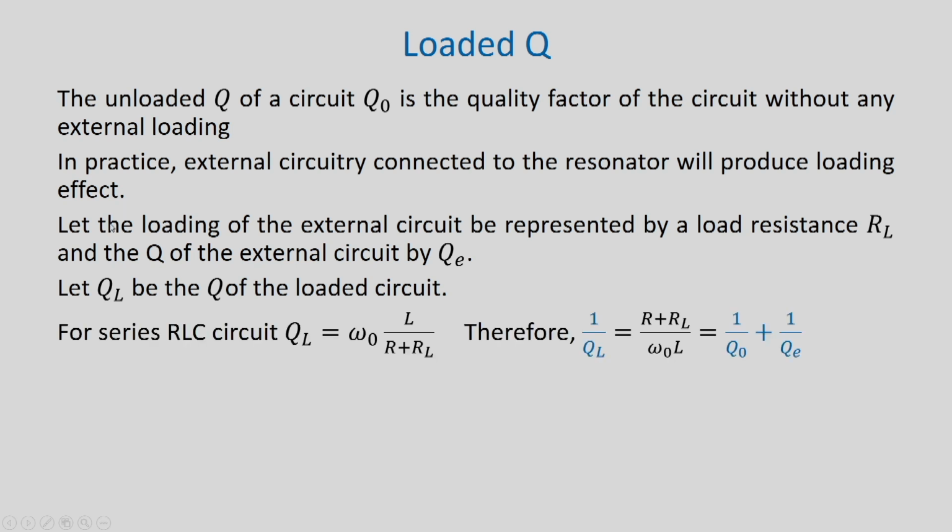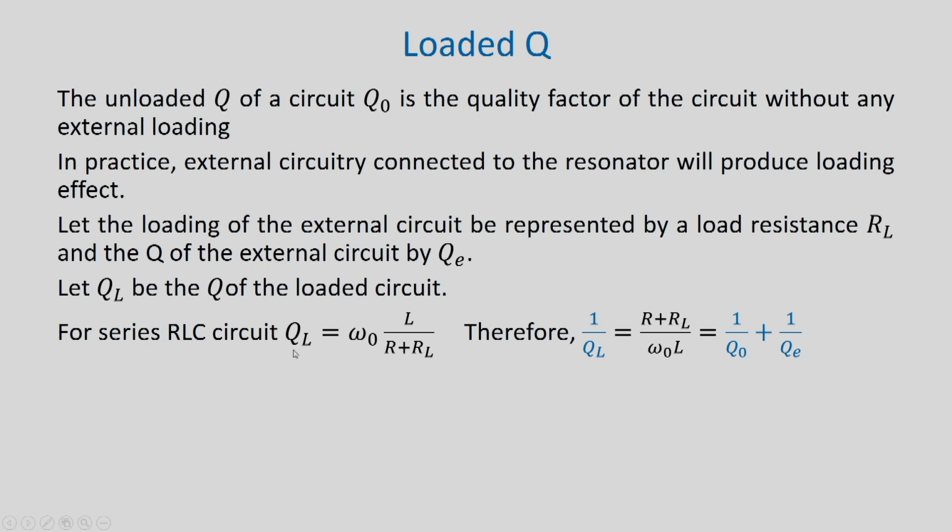Now, when we consider the series RLC circuit, our external resistance RL will come in series with the resistance R of the RLC circuit, and therefore, the effective resistance will be R plus RL. By definition of Q, we can write QL, that of the loaded circuit, is equal to omega naught L divided by R plus RL.